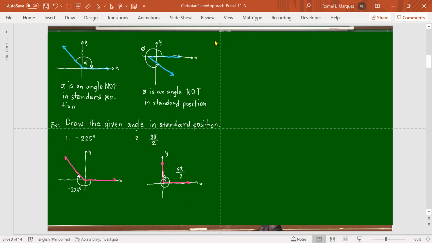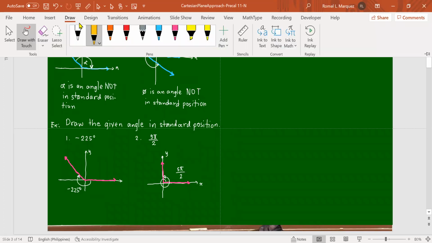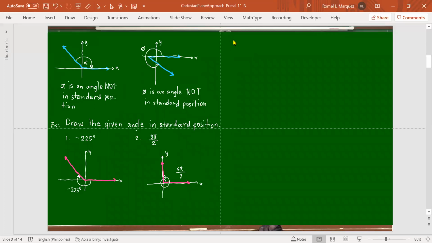So let's now have another important term associated in dealing with an angle in standard position. We have what we call coterminal angles. What do you mean by coterminal angles?